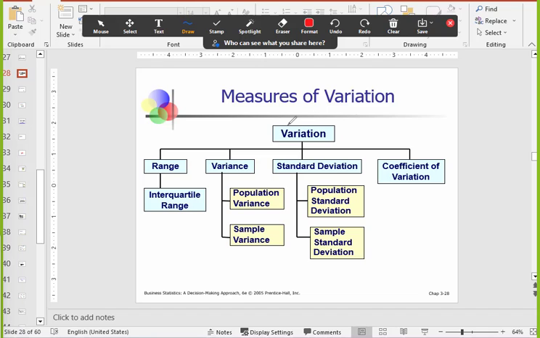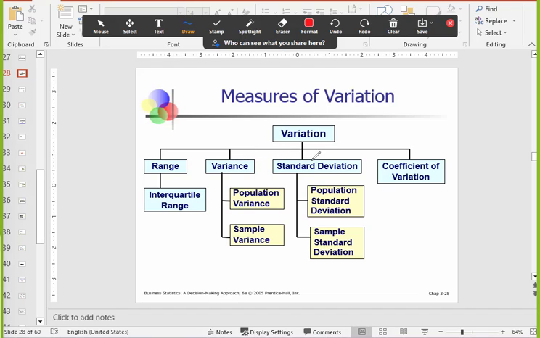In order to measure variation, there are four different ways. There are many more, but we are going to focus on these four ways. First is range, and it has another type which is called interquartile range. Second is variance. It talks about how much variation there is.